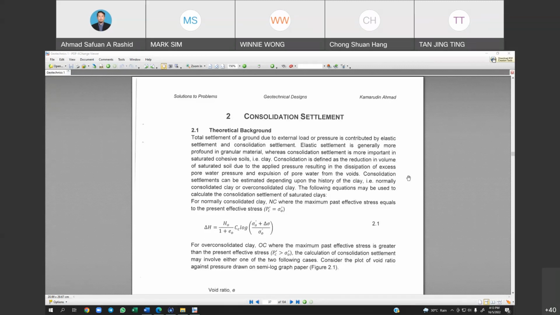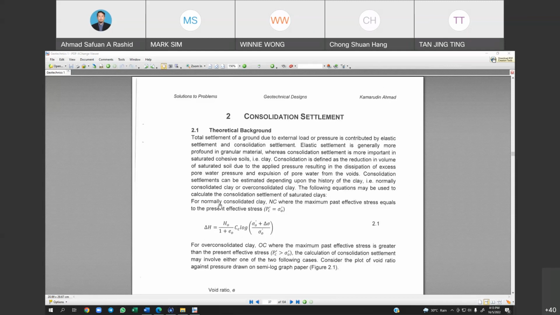Consolidation settlement can be estimated depending upon the history of the clay. The stress history of the clay can be divided into normally consolidated clay or overconsolidated clay. The following equation may be used to calculate the consolidation settlement of saturated clay.